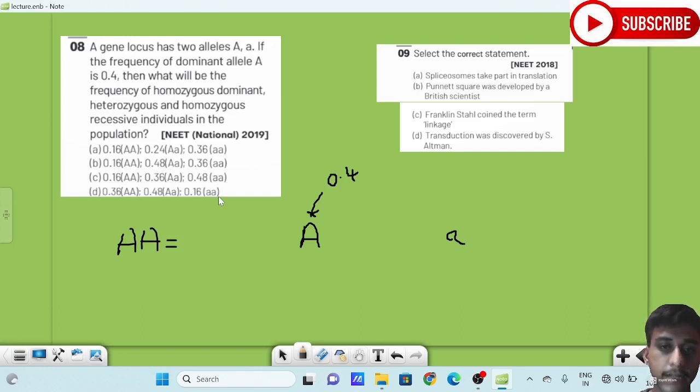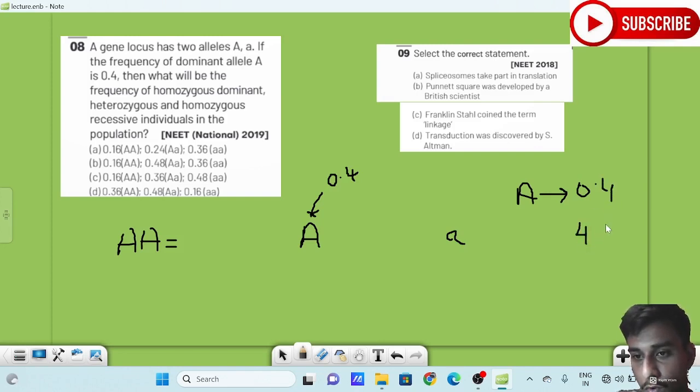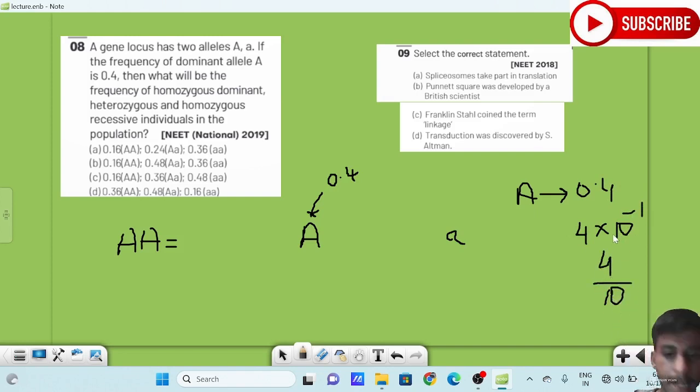Okay, I will say what actually 0.4 means. The frequency of capital A is 0.4, which means 4 into 10 raised to minus 1, which is 4 by 10, which means that out of 10, the frequency of occurrence of A is 4. So what will be the frequency of small a then?